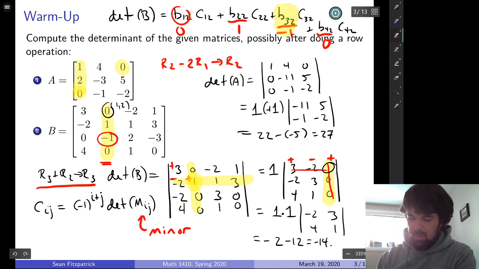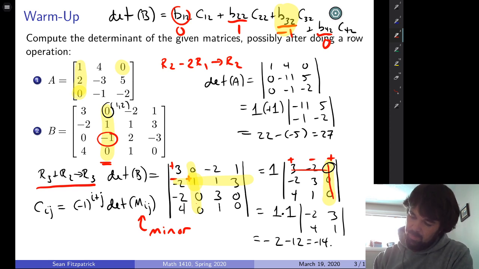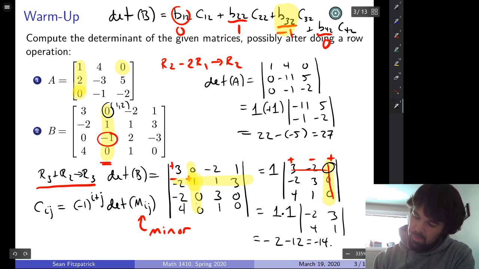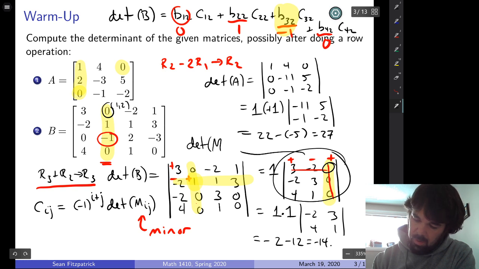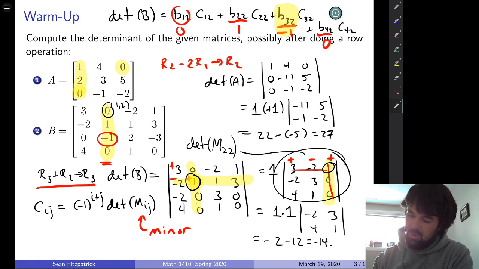Okay, so the minor Mij, that's the matrix that you get when you delete row i and column j, right? So the thing inside the determinant here, this bit here, this is the determinant of M. We were in row 2, column 2, right? This 1, it's row 2, column 2. So M22, I delete row 2, column 2, I get the smaller matrix, and then I take the determinant.